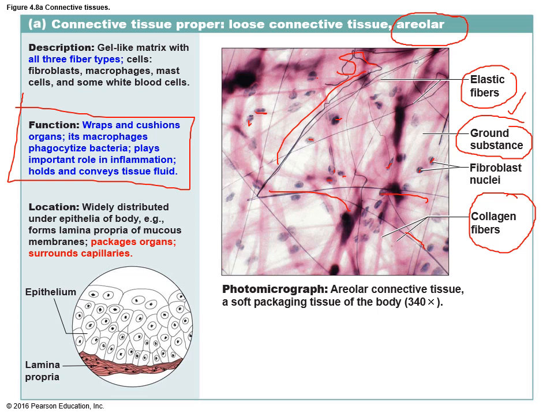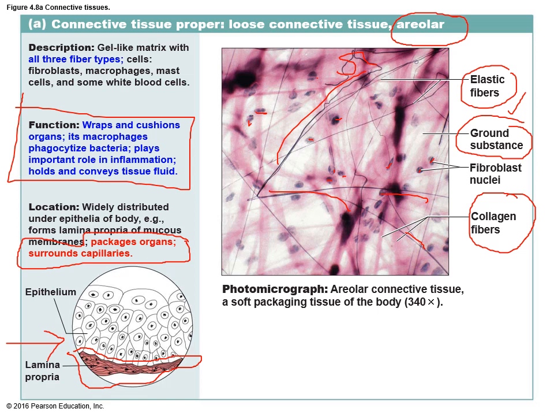It plays an important role in inflammation, and it can hold and convey tissue fluid. For its location, we're going to concentrate on the fact that it packages organs and it tends to surround capillaries. I also want to point out the insert picture right here, where we can see that our connective tissue is found below our epithelium tissue in the lamina propria.